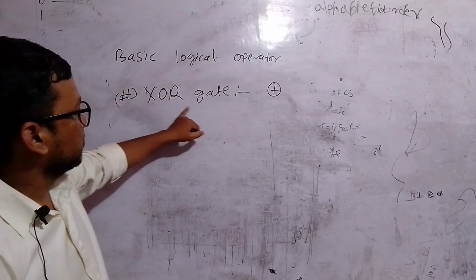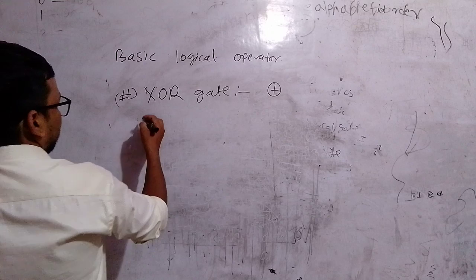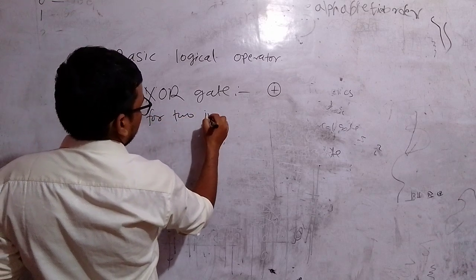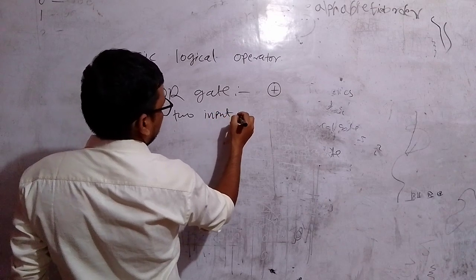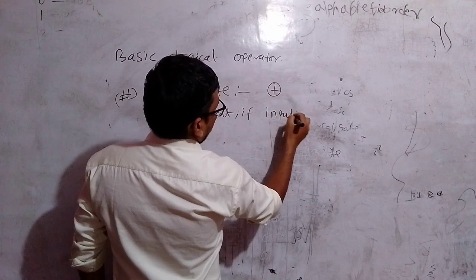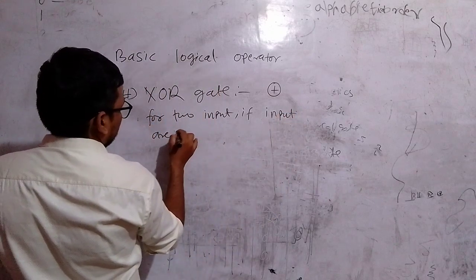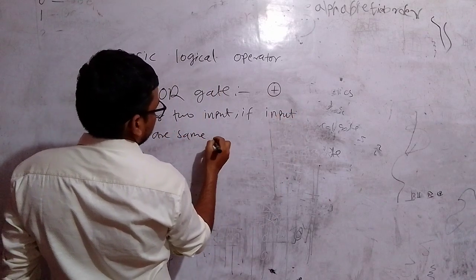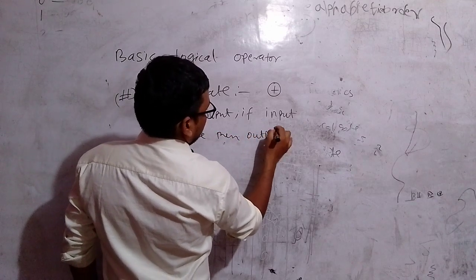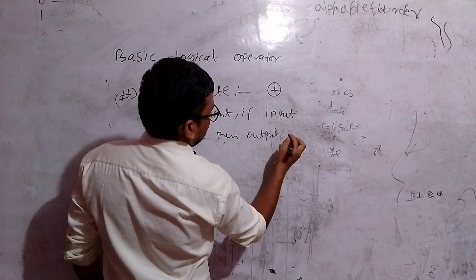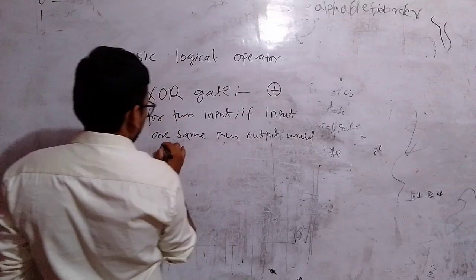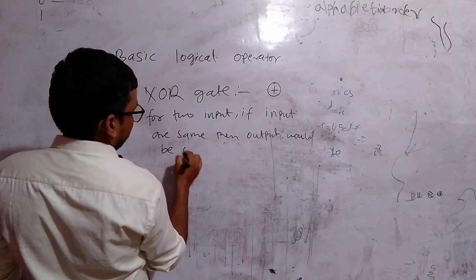And what would be its output for two inputs? If the inputs are the same, then the output would be 0.